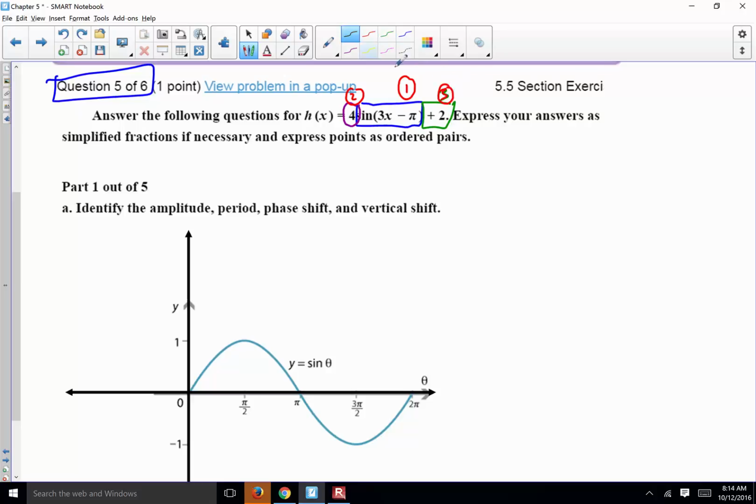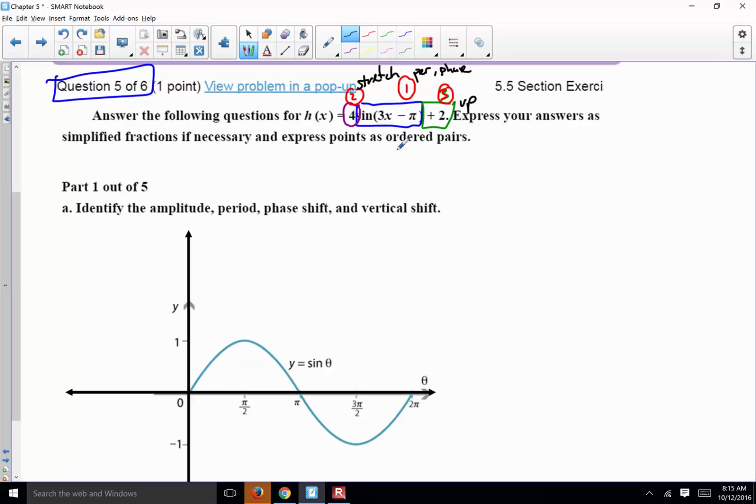Again, this is going to change the period because of the number, and also there is a phase shift here. You're going to shift right because of the negative, and the period is going to decrease. So it's going to make ups and downs faster, more quickly. This is going to stretch it, enlarge it, and this is going to move it up.